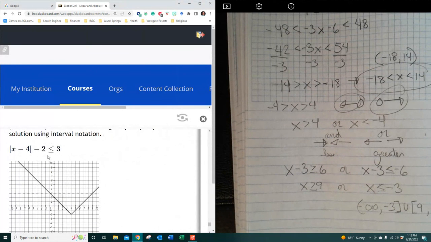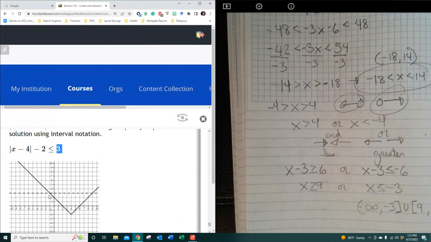If the question said when is this graph line greater than or equal to this dashed line, which is right here at the 1, 2, 3, that's the line we're looking at. When is this line less than this line? So it'd be below it.